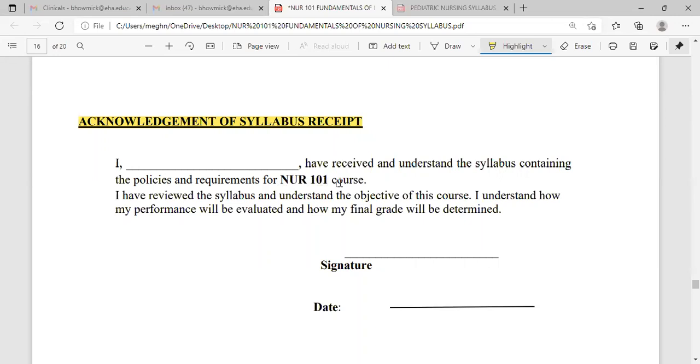I have reviewed the syllabi and understand the objectives of these courses. I understand how my performance will be evaluated and how my final grade will be determined. So if you agree, you can sign here, put the date, and you can email to school, right?